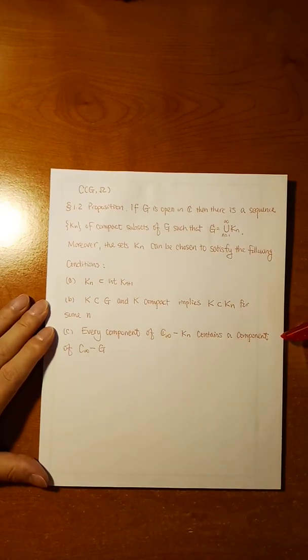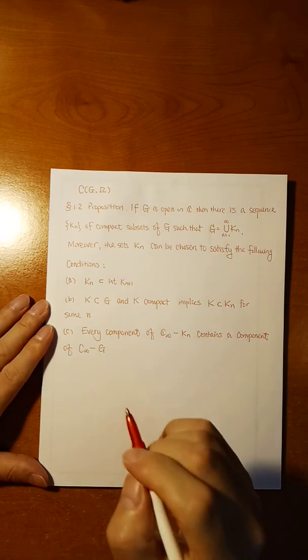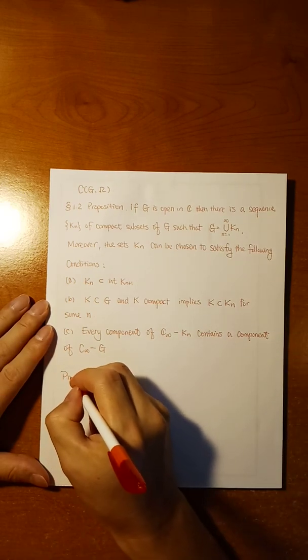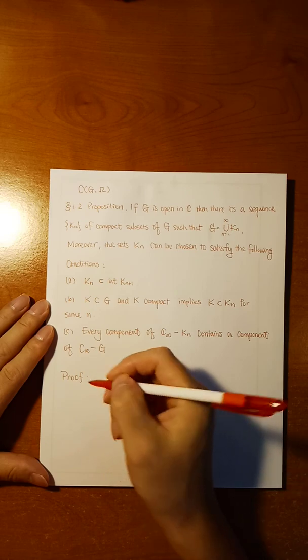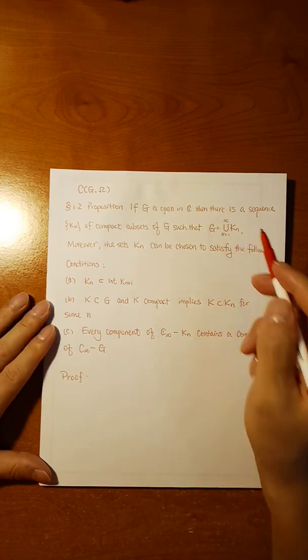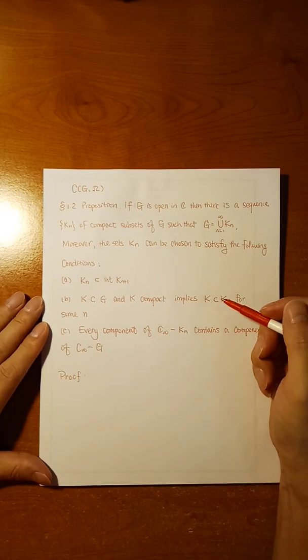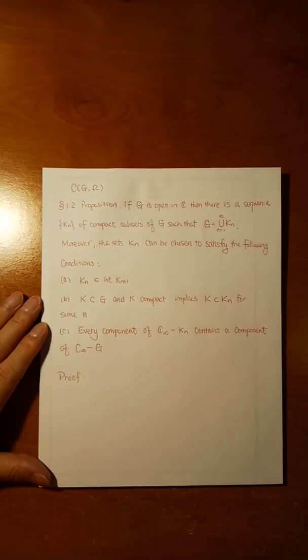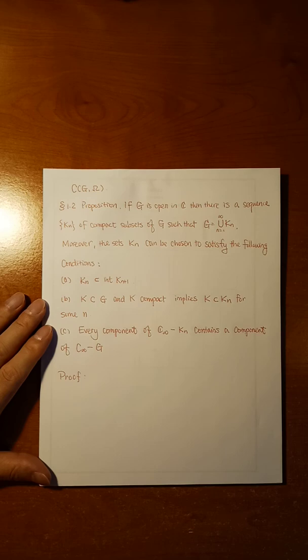All right, now let's see the proof. This proof is actually one of the possible constructions. We are going to construct this sequence of Kn, and we are going to show that our construction satisfies those three conditions.